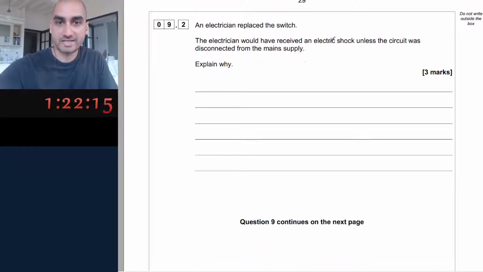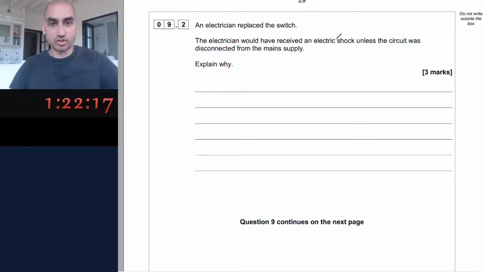An electrician replaced the switch. The electrician would have received an electric shock unless the circuit was disconnected from the main supply. Isn't that obvious?